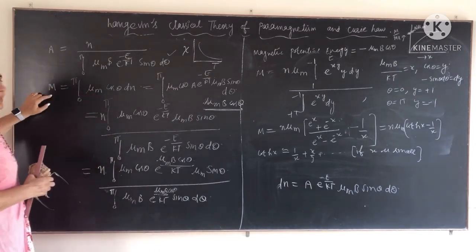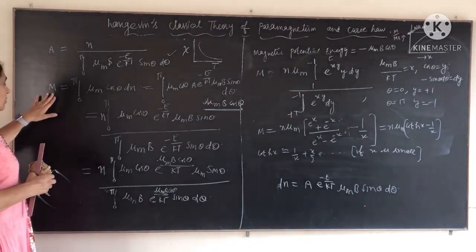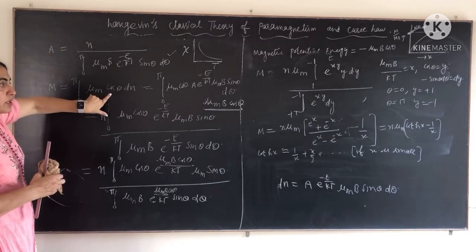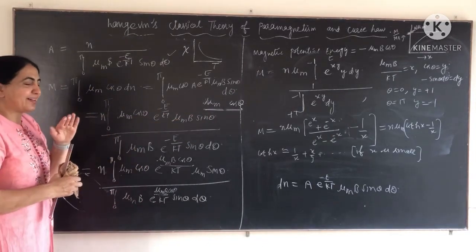So the total magnetization M, for one dipole, is mu_m cos theta. This is the potential energy; mu_m is the dipole moment.